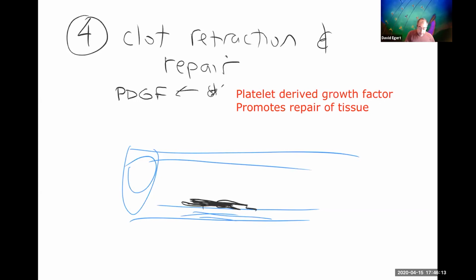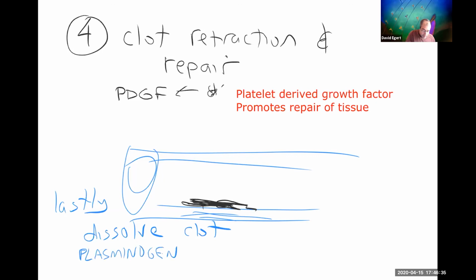So then we can actually dissolve the clot. And to do that, there is another enzyme called plasmin. Plasminogen, which is just a plasma protein, becomes plasmin.